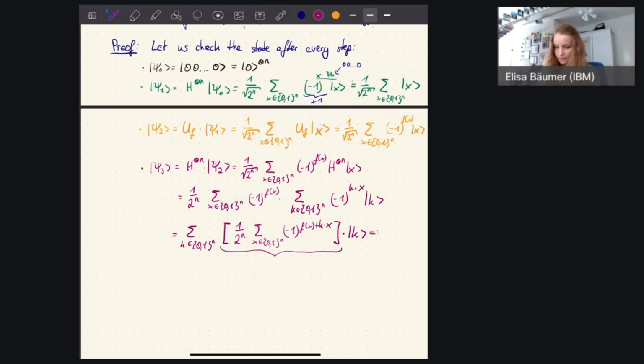This I'll just define as amplitude ck, so that I can write the whole quantum state as a sum over the 2 to the n different bit strings, with index k and amplitude ck, ket k.